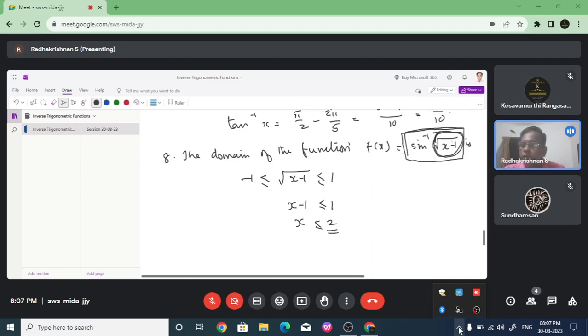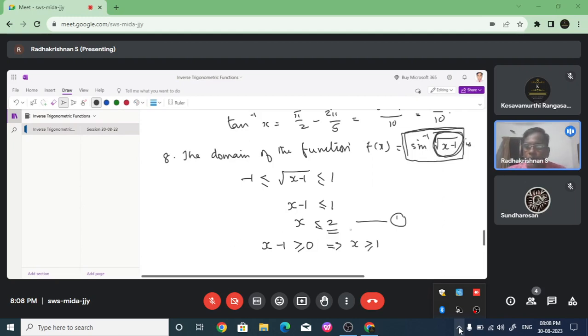Sine inverse is defined only for real numbers, not for any complex numbers. So since sine inverse is only defined for real numbers, whatever is inside the root has to be positive. So that means again you get x should be greater than or equal to 1. So if x is less than 1, then this will become imaginary, and then this function becomes undefined.